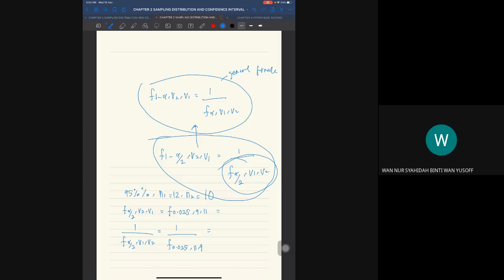Okay, let's find the value, the first one first. So what do we have? Probability value 0.025, first degree of freedom is 9, second degree of freedom is 11. So we have 3.5879.